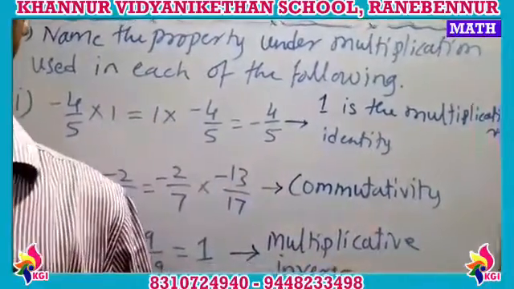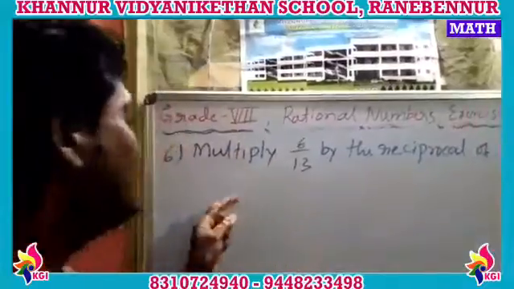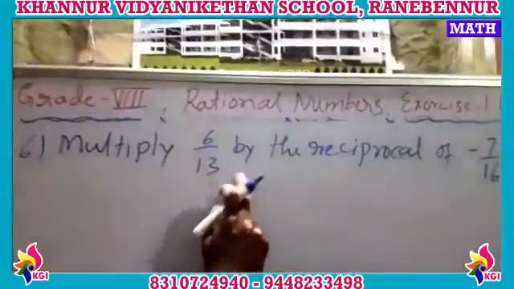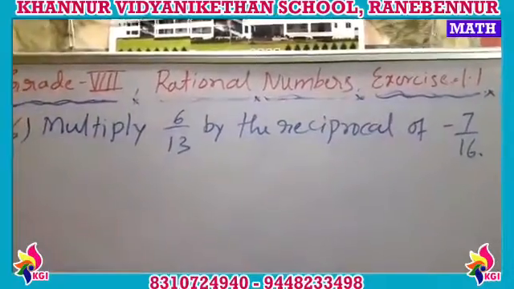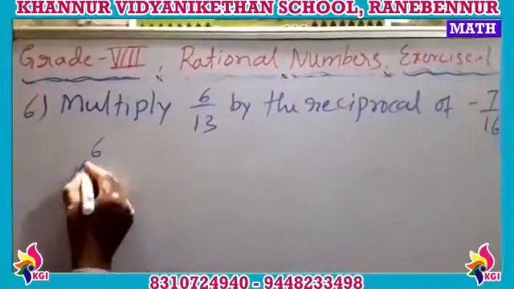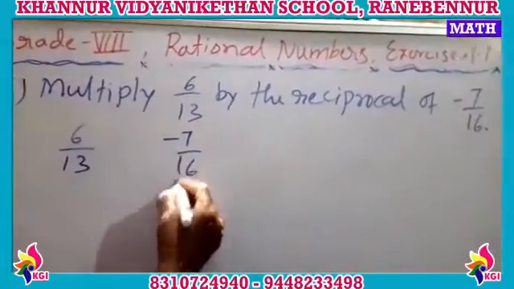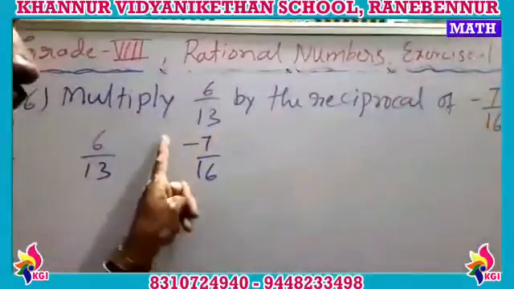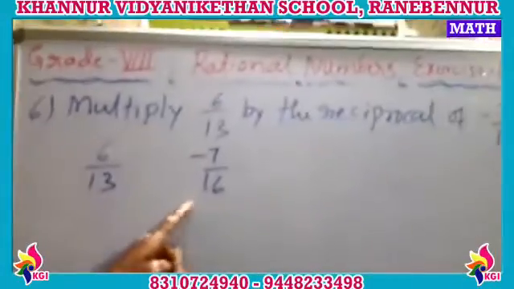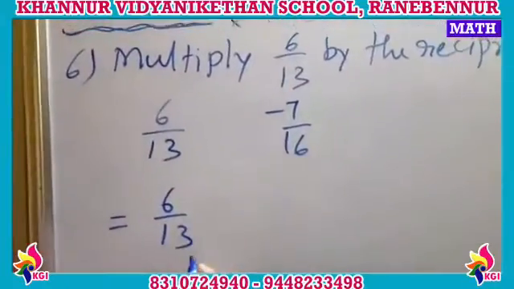So like this we have mentioned the property under multiplication which is used in these three. Yeah, children, we go for one more, that is the sixth one. Multiply 6 divided by 13 by the reciprocal of -7 divided by 16. So I write just the numbers, like 6 divided by 13 and -7 divided by 16. What would they say? Reciprocal of -7 divided by 16, correct? So I will mention over here 6 divided by 13 first as it is.